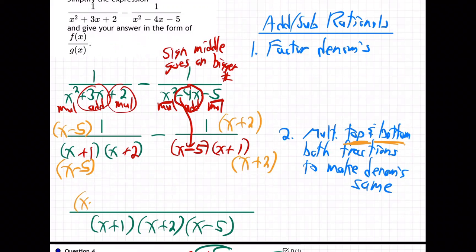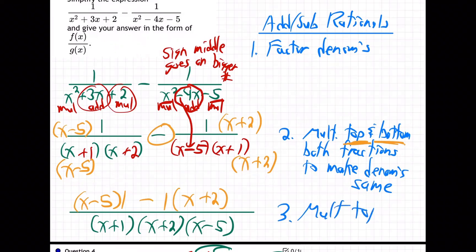So I've got x minus 5 with a 1. And don't forget this minus sign right here. Minus 1 times x plus 2. So watch out for that. Easy mistake to make. Watch out. Okay, so now step 3.